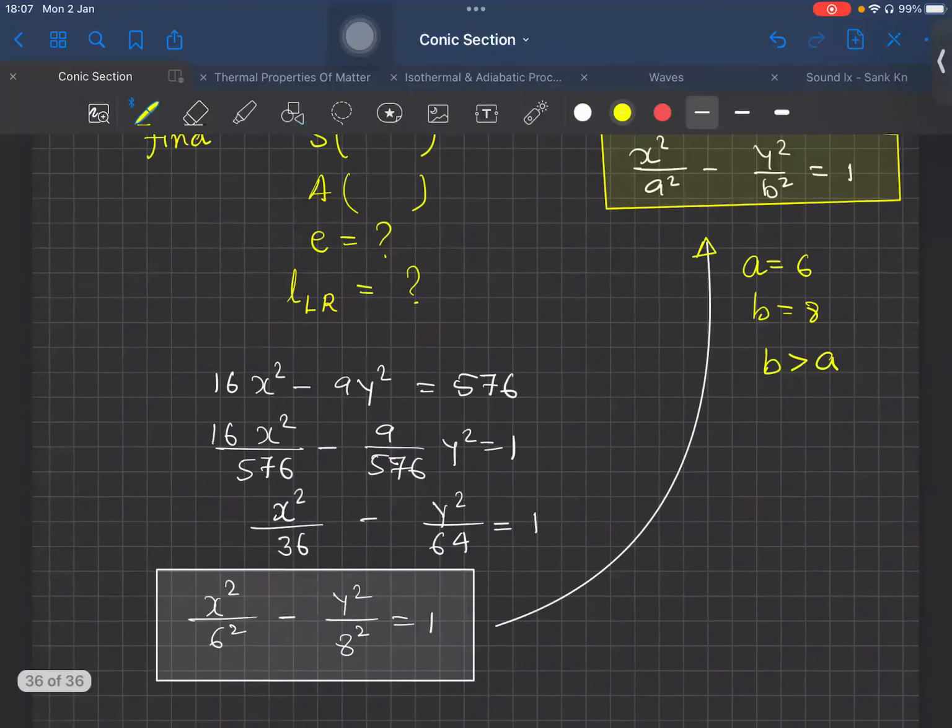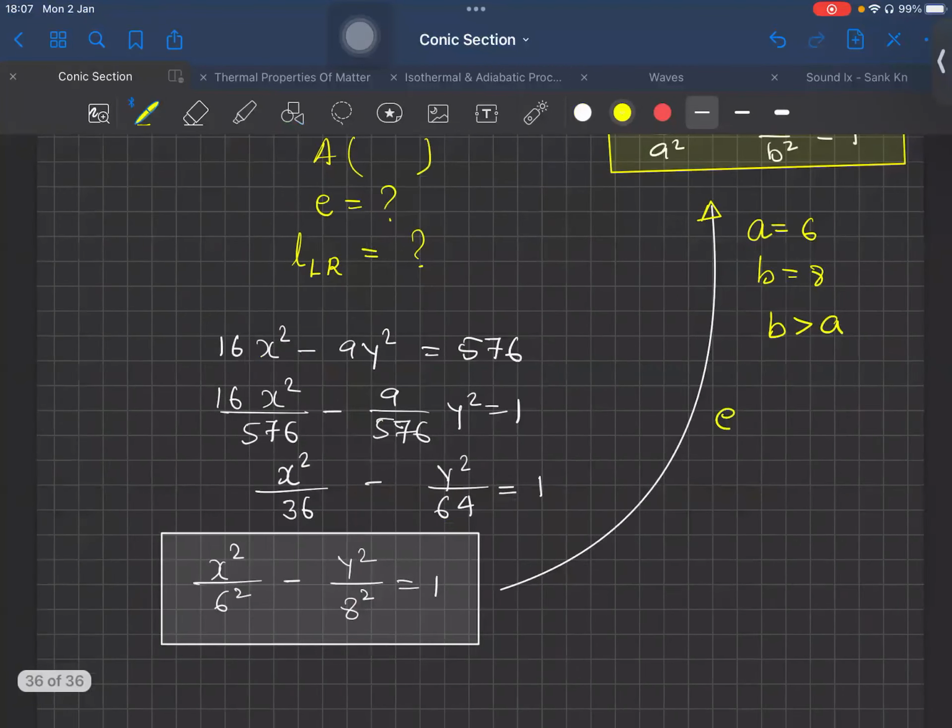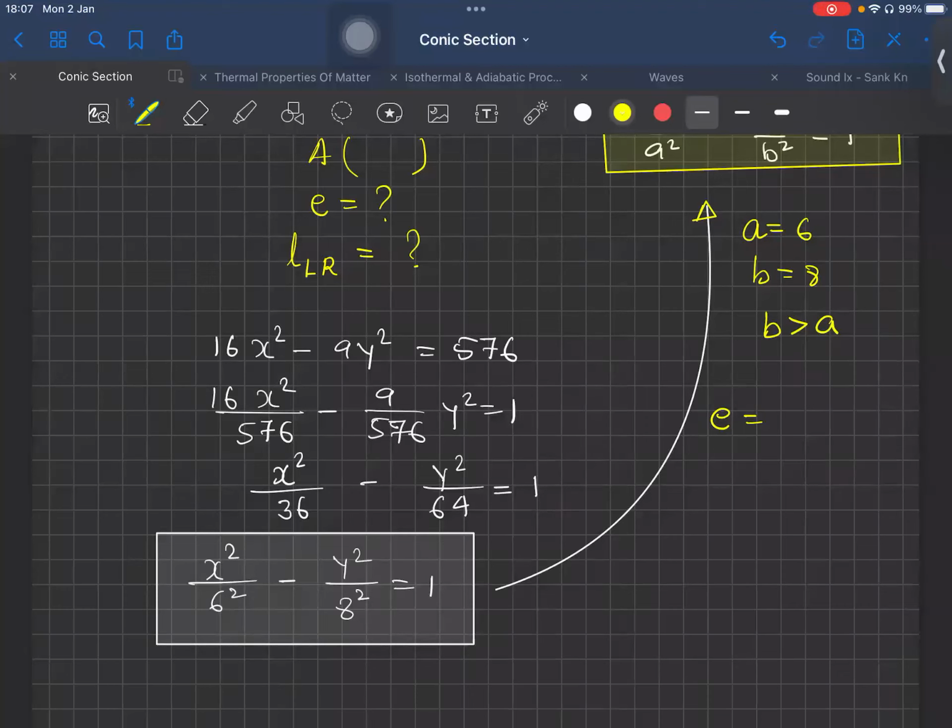So eccentricity will be equal to what? Tell me eccentricity. How do you find eccentricity?